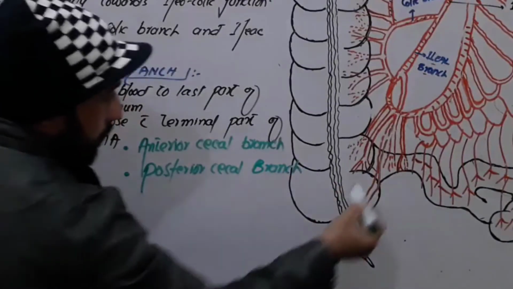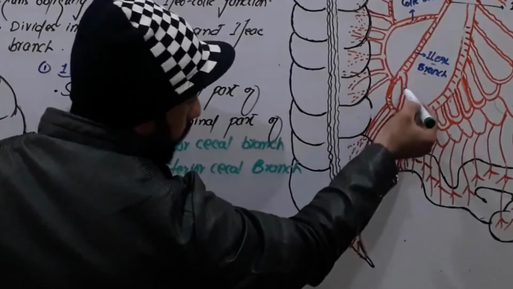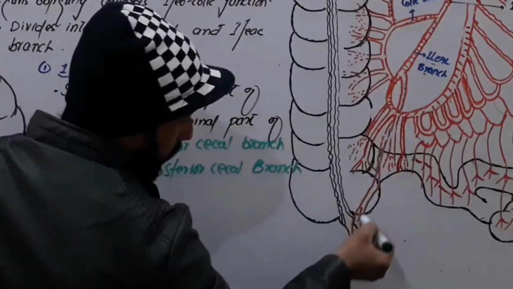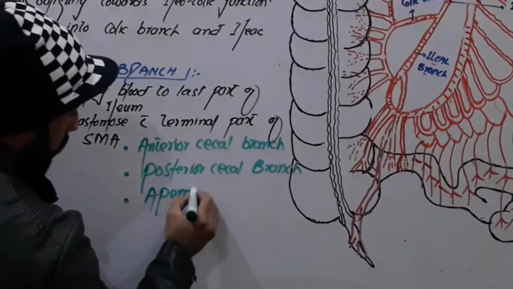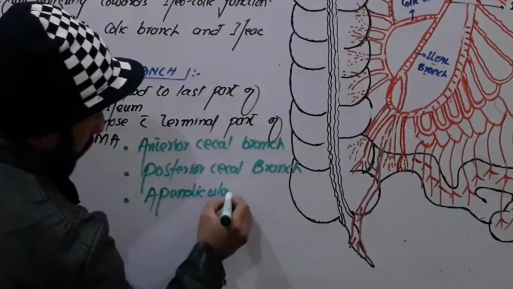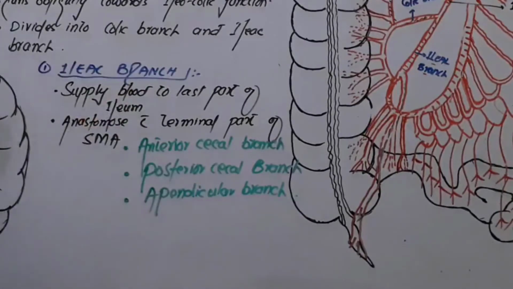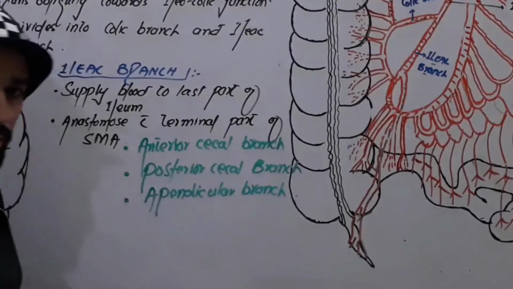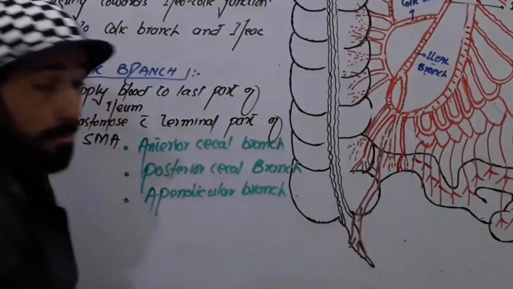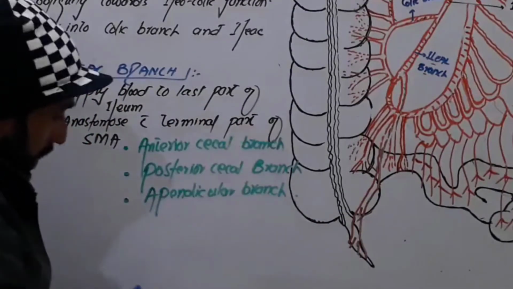And you saw right now this branch is coming towards the appendix from the ileal branch. That's why we say that there is the appendicular branch. So this ileal branch is further giving three small branches towards the anterior part of the cecum, towards the posterior part of the cecum, and towards the appendix also, right? So these three are the small branches from the ileal branch.